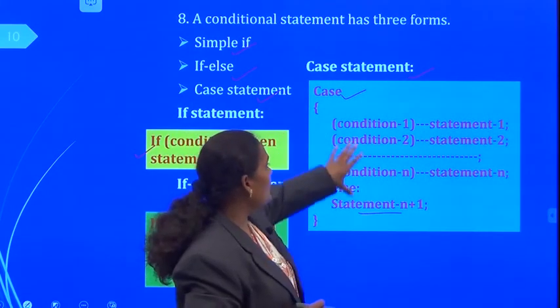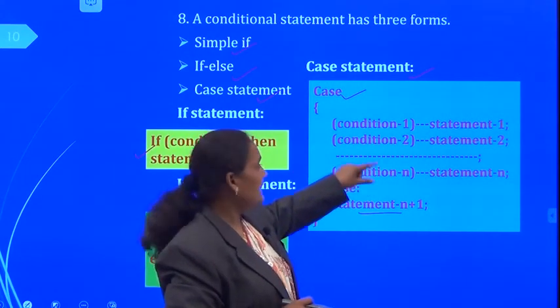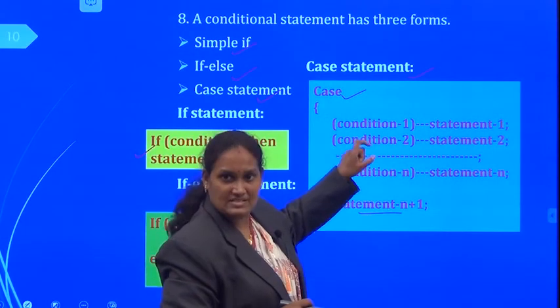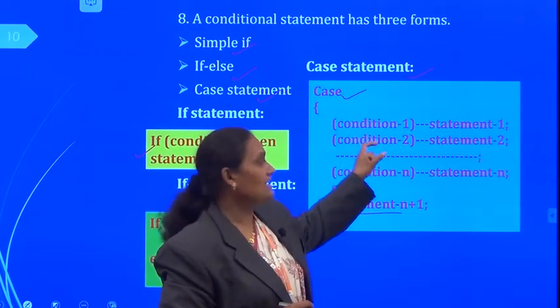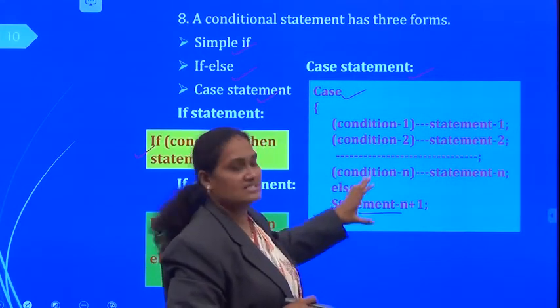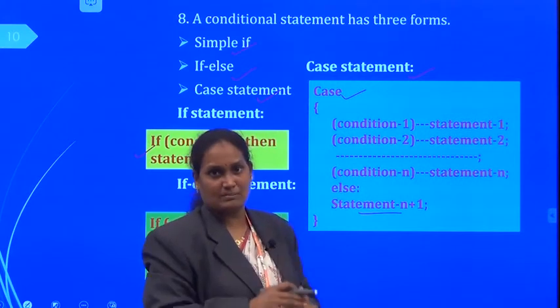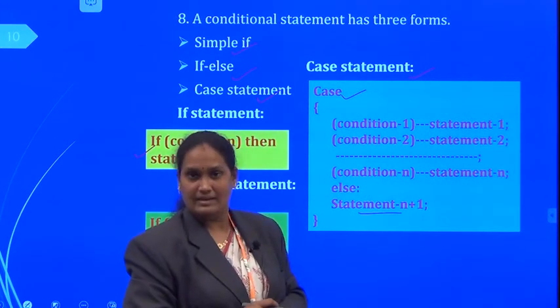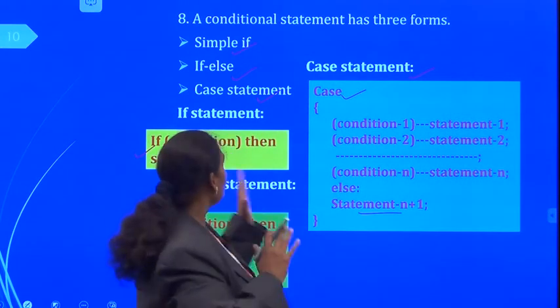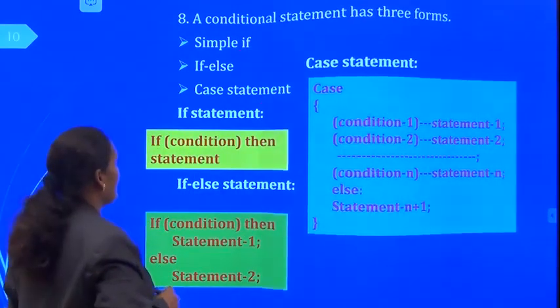Here we have n conditions; if any of those n conditions is true, that particular statement is executed. So all these three give the basic conditional statements that we have.